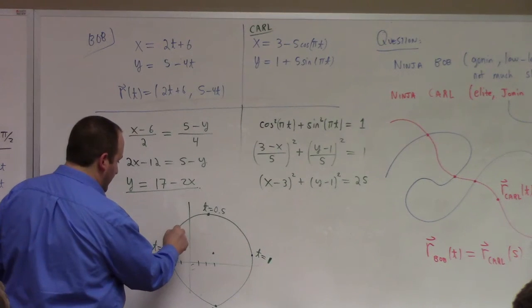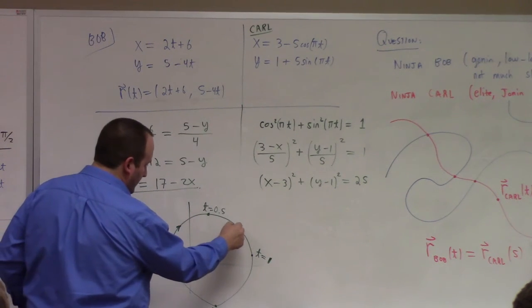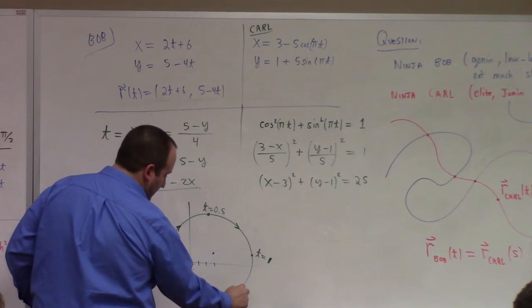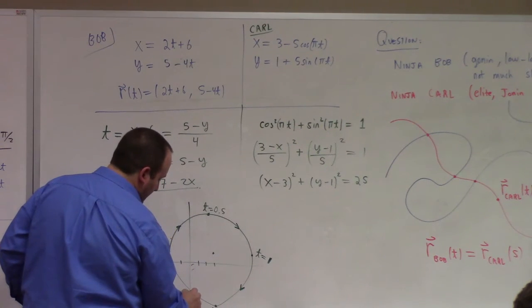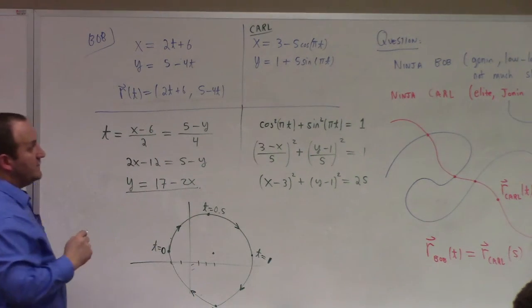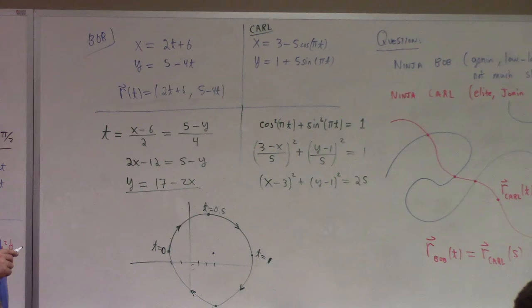So in other words, Carl's going clockwise. You notice the sine and cosine in Carl's parameterization aren't in the usual form; there's a minus cosine rather than plus cosine. So I think it's clockwise. Okay, so there's the Carl curve.